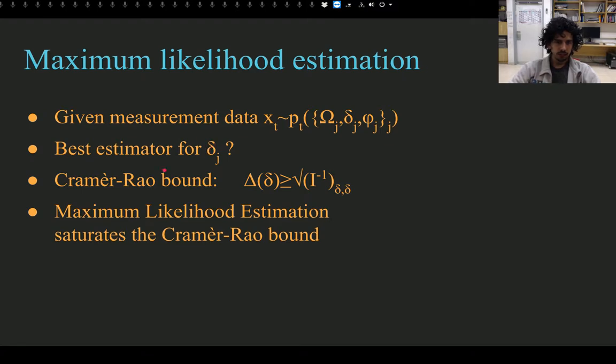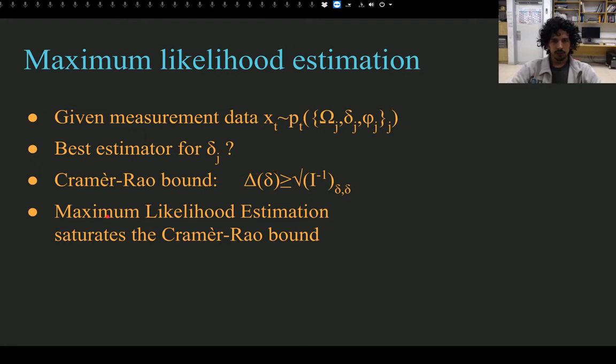And this question is answered by Cramér and Rao. The Cramér-Rao bound states that from this probability function we can calculate the Fisher information matrix, and from that calculate the Cramér-Rao bound, and this value is the best thing that we can hope to achieve for an unbiased estimator of the frequency.